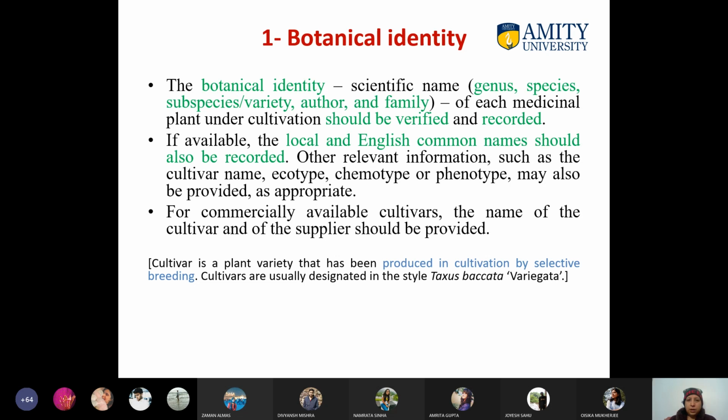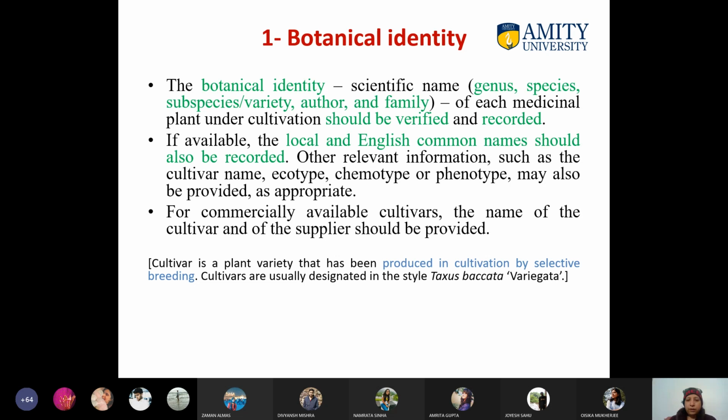If available, you have to mention the local name and the English name, the common names generally used for that plant. Then you have to include other information, such as the cultivar name. Cultivar is a plant variety that has been produced in cultivation by selective breeding.